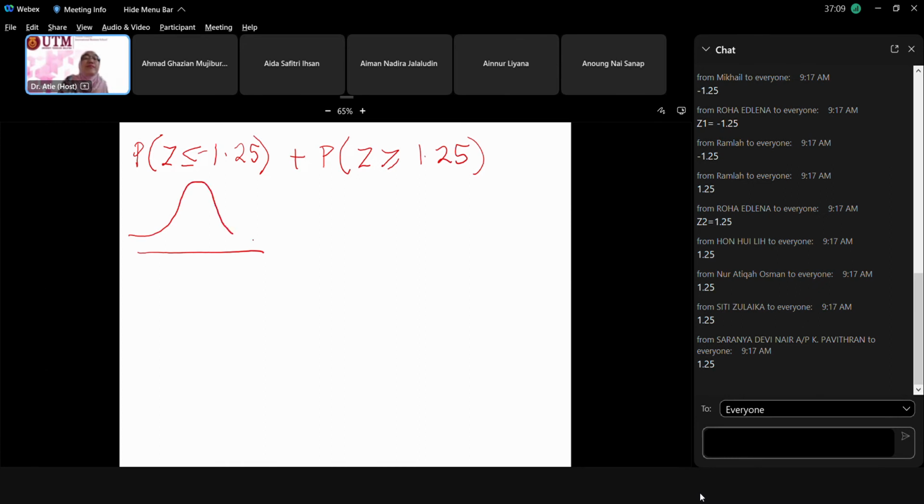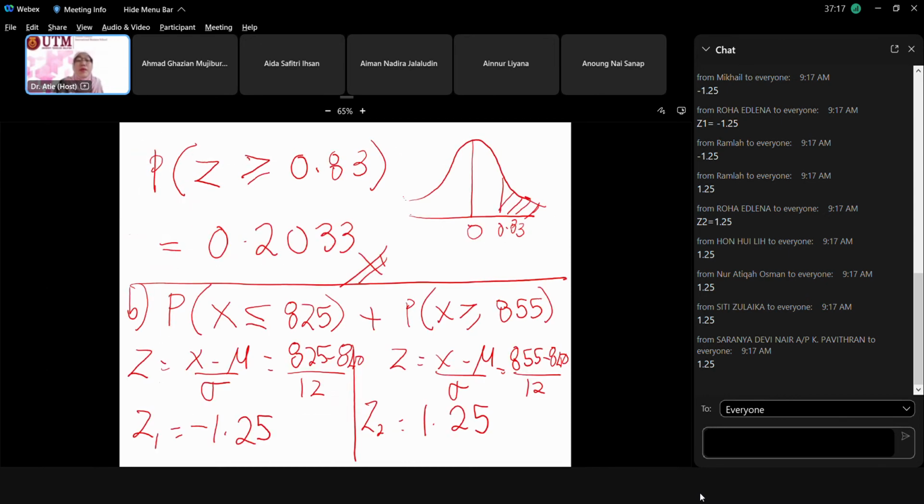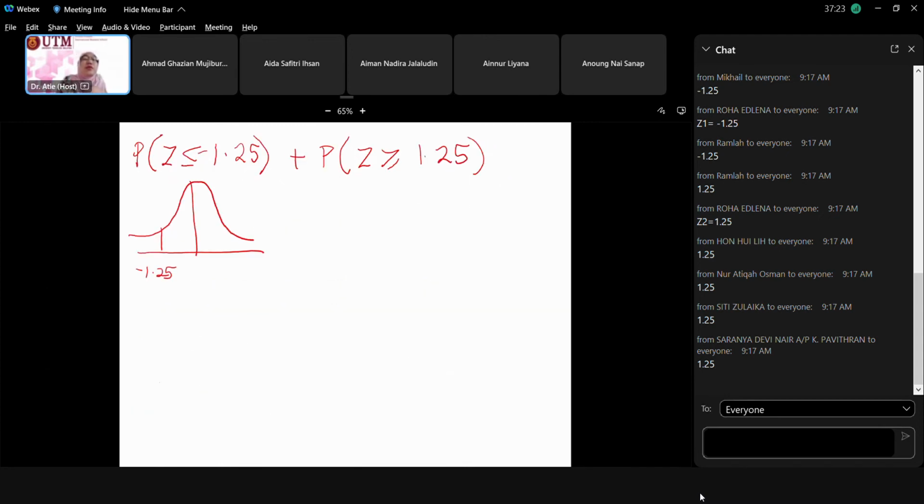This will be negative 1.25, less than and greater than, just to make sure. So less than will be this part right here, plus 1.25 and more than.